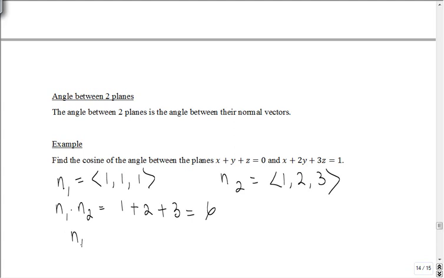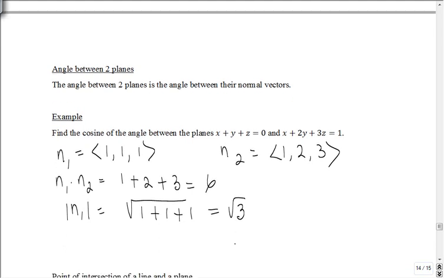Then we need the length of n1, which is the square root of 1 plus 1 plus 1, which is square root 3. Then you need the length of n2, which is square root of 1 plus 4 plus 9, which is square root 14.